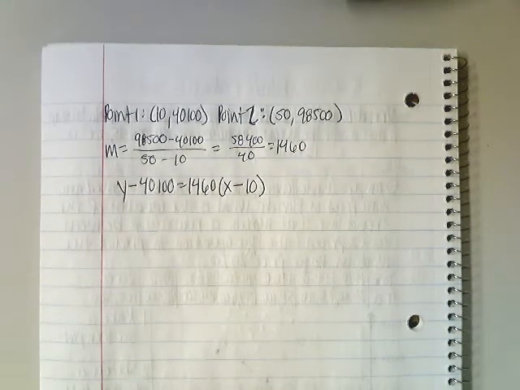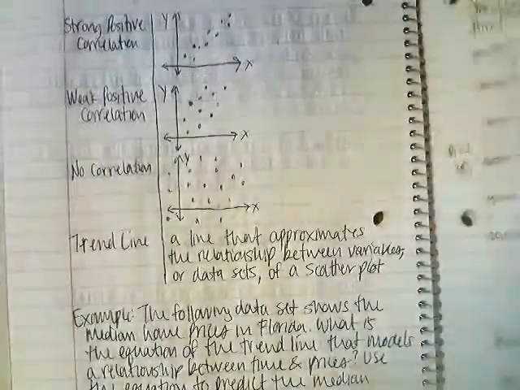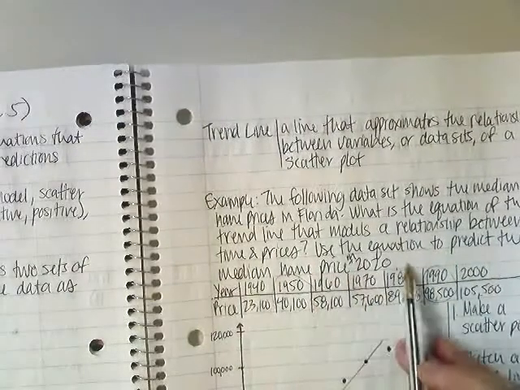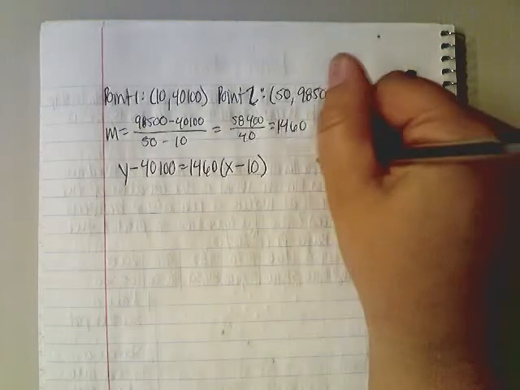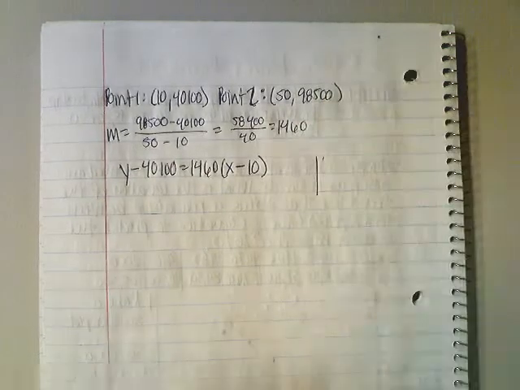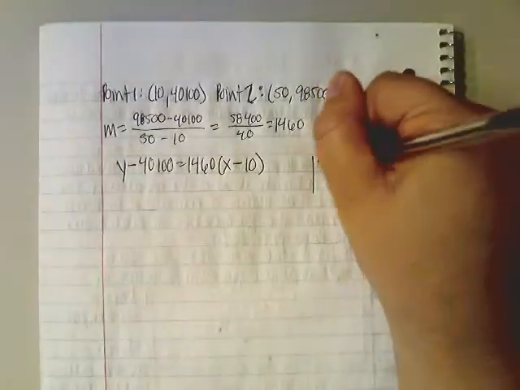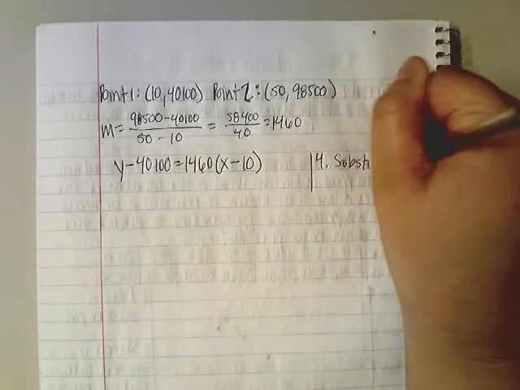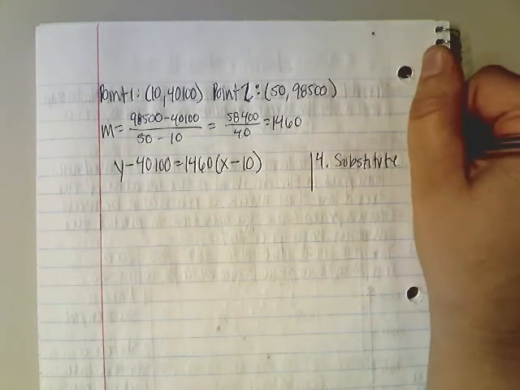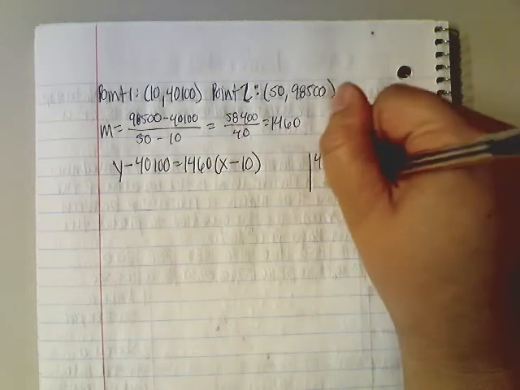And since the other part of our question, if we flip back real quick, asked us to predict the price in 2020, I'm going to use my equation to predict the price in 2020. So step 4, I believe it is, yep, is going to be substitute 80 for x.